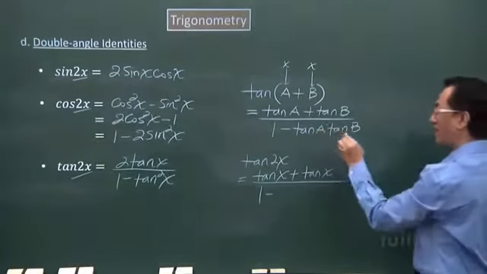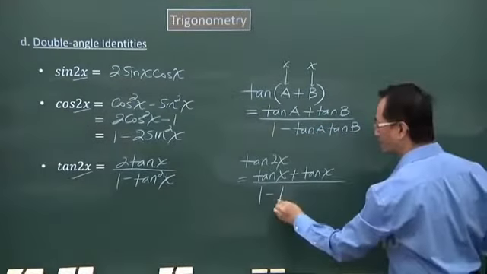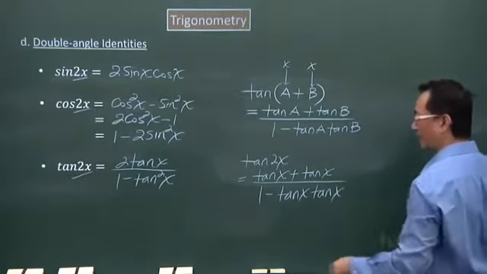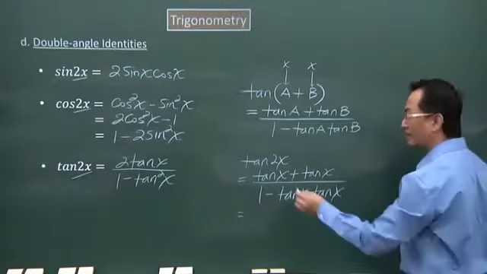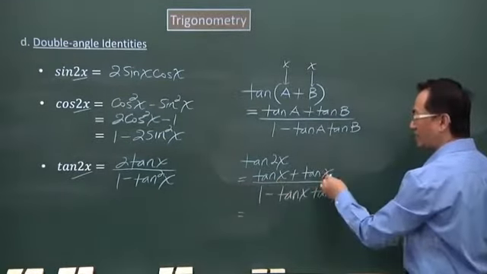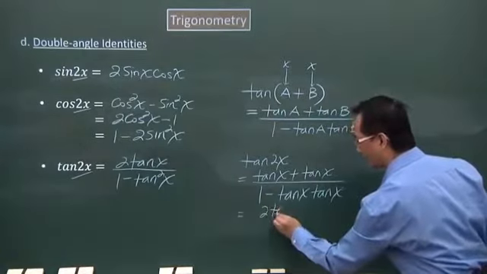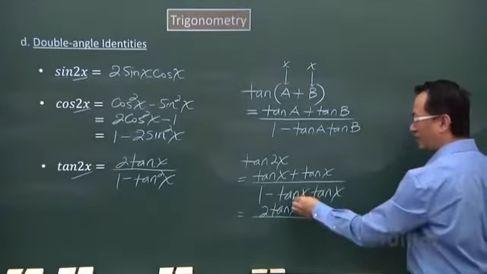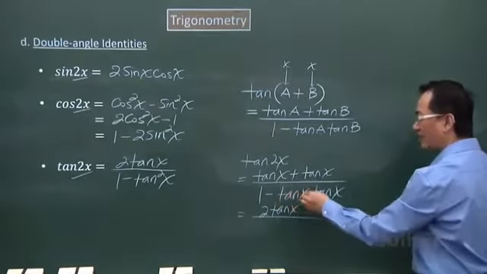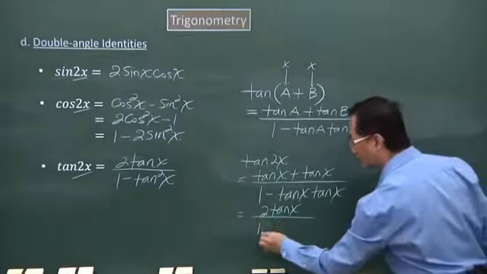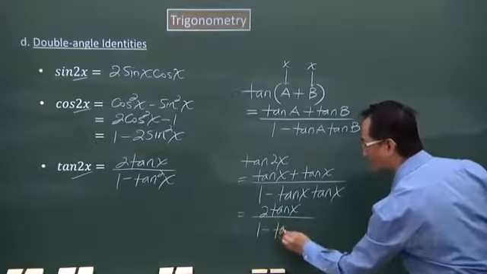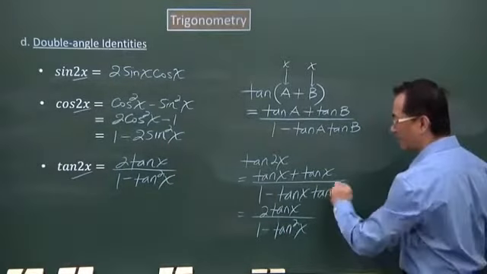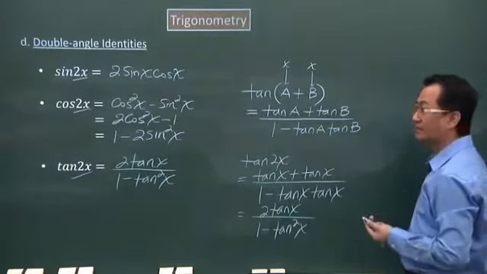A is replaced by x, b is replaced by x. So to simplify it, tangent x plus tangent x is just 2 tangent x. And over here, we have tangent x times tangent x. So another way to write it is tangent squared x. That means the same, tangent x times tangent x.